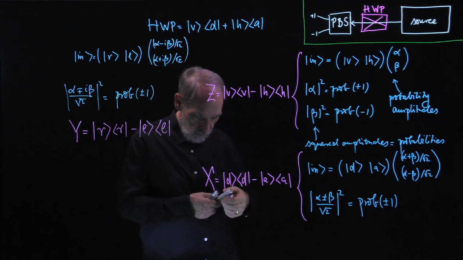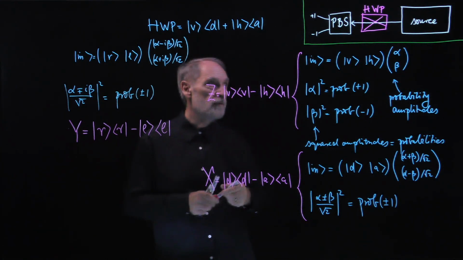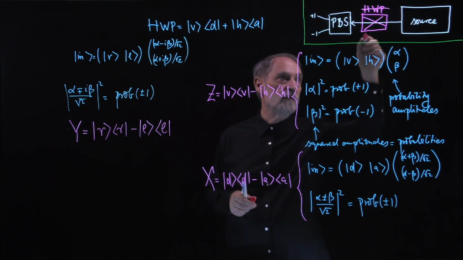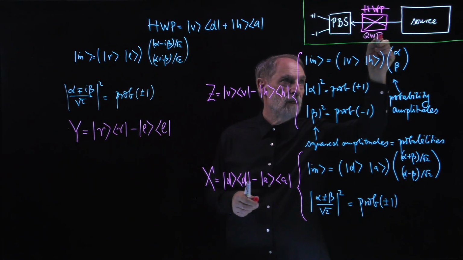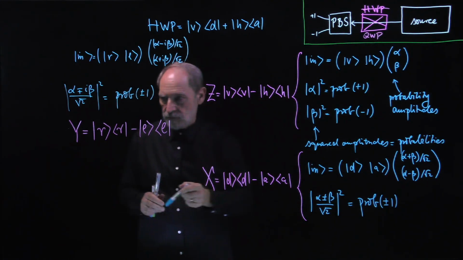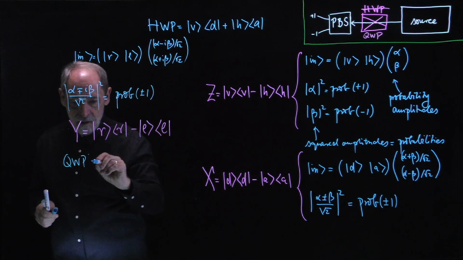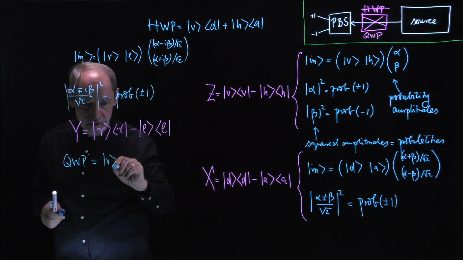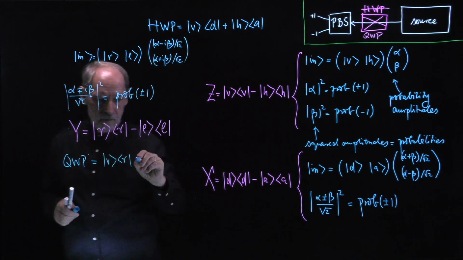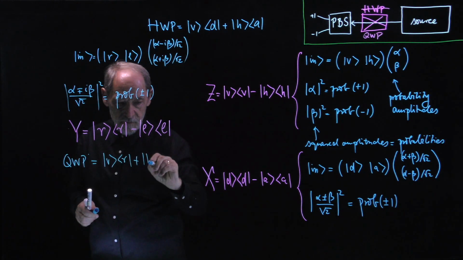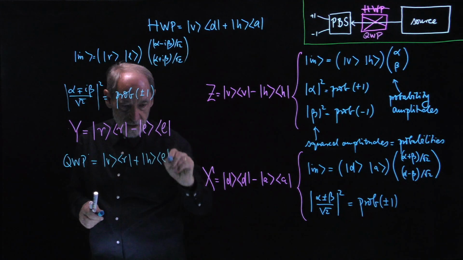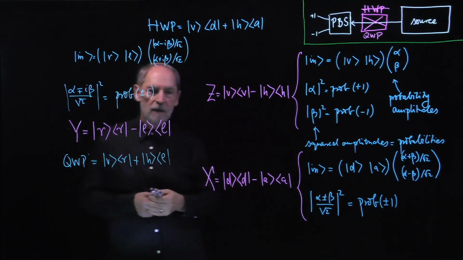So rather than the half-wave plate, we now need a quarter-wave plate for converting right-handed polarization into vertical polarization and left-handed polarization into horizontal polarization.